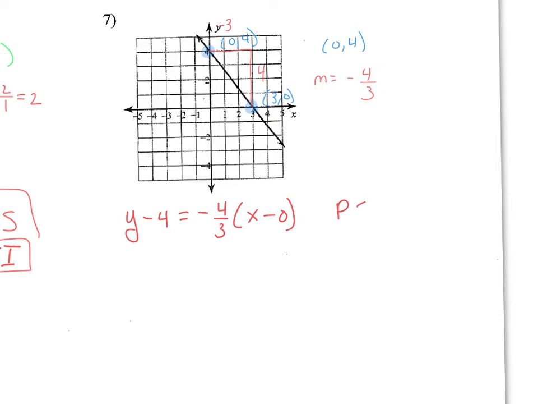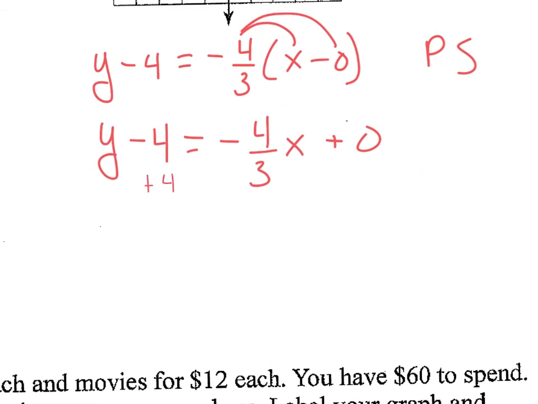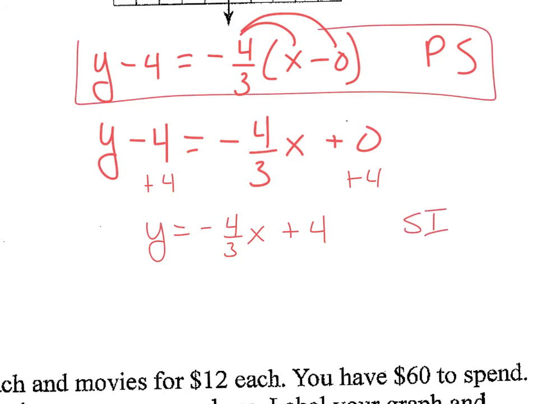Okay, so there's your point slope. Now I'm going to distribute. So y minus 4 equals negative 4 thirds x, and then plus or minus 0, it doesn't really matter. And then we're going to add that 4 over to the other side. So I'm going to get y equals negative 4 thirds x plus 4. There's my slope intercept. So there's my first two answers right there.